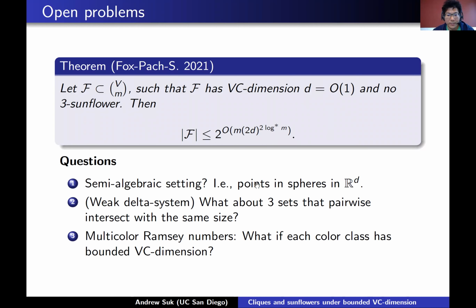If we just want three sets that pairwise intersect in the same size, we weren't able to really do it.